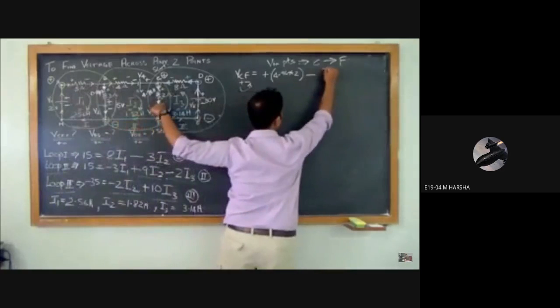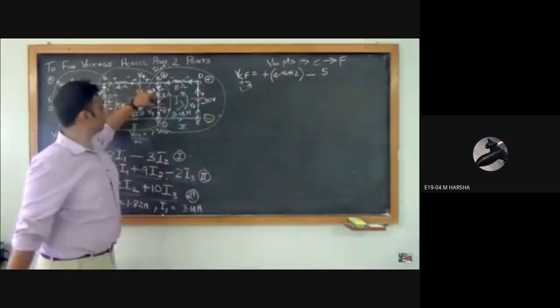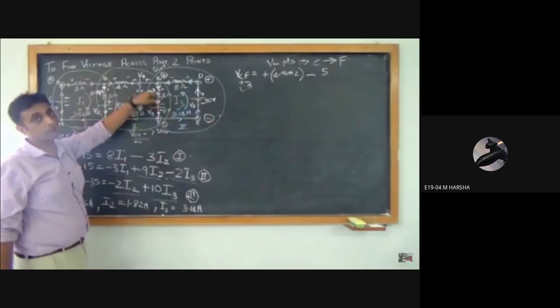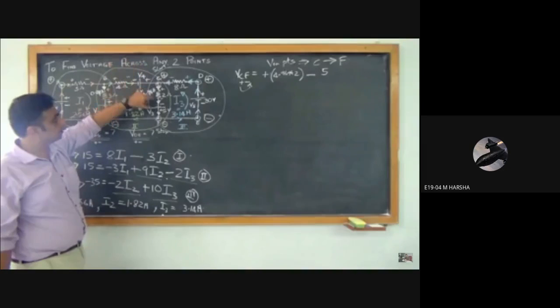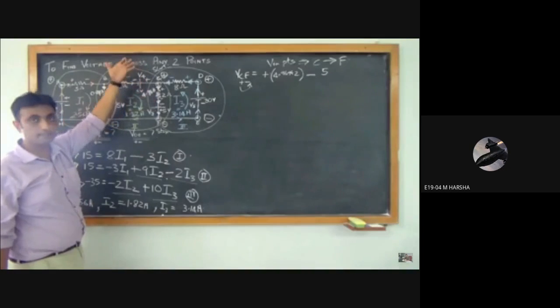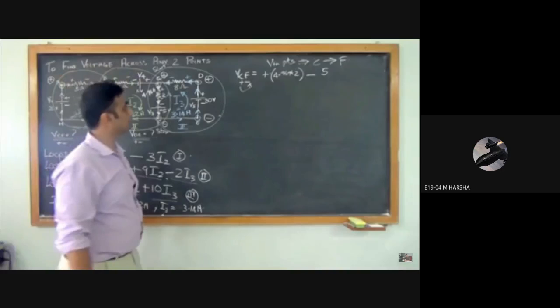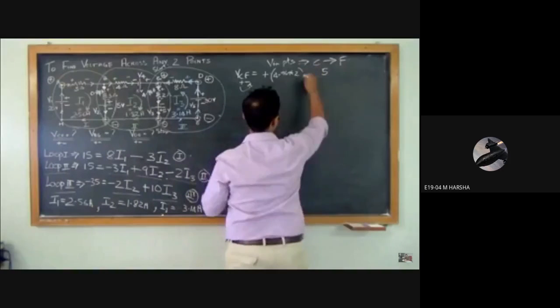Negative what? Negative 5. Now the voltage source is 5. So we already have the voltage. We don't need to use Ohm's law or any other equation, because voltage is the direct voltage value which is 5. So we have minus 5.